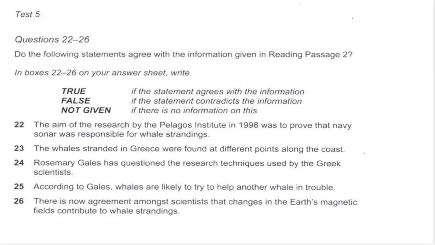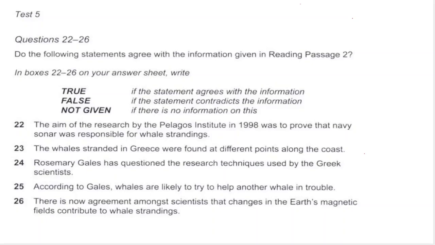The aim of the research by the Pelagos Institute in 1998 was to prove that Navy sonar was responsible for whale strandings. So here we have very clear keywords that can help us easily find the answer in the passage.